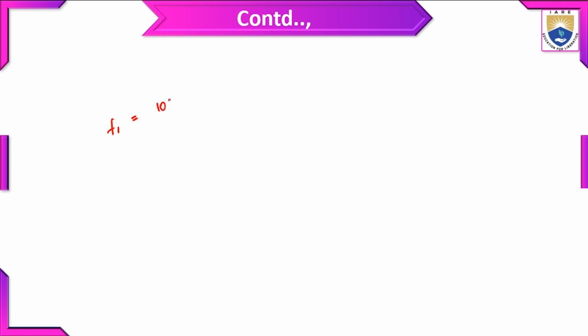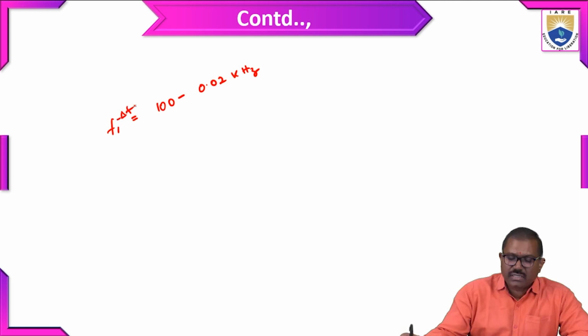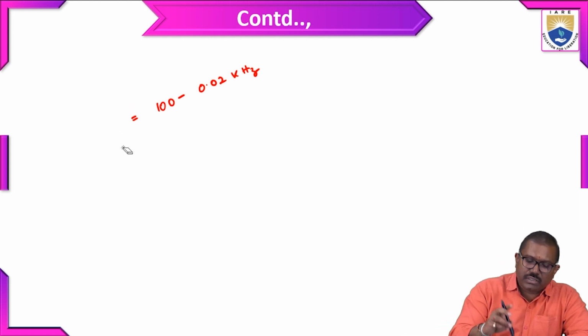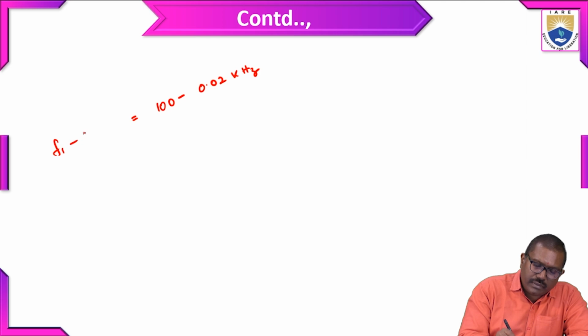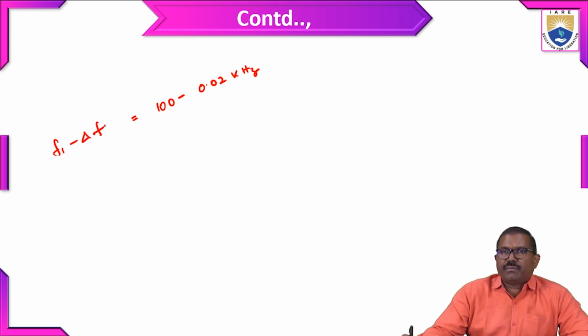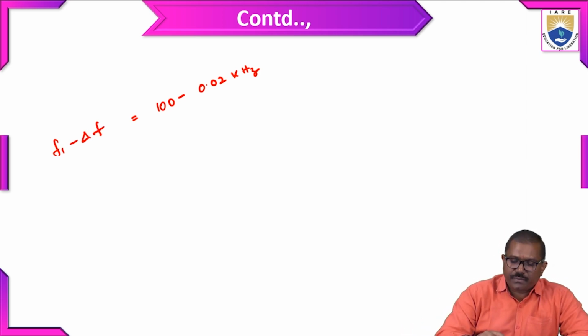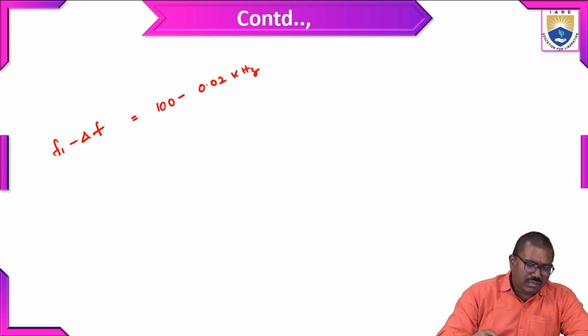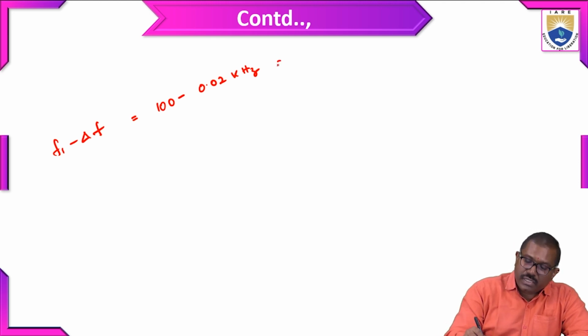F1 minus delta F, writing clearly: F1 is 100 Hz. Here delta F, the deviation, is 0.02 kilohertz, so it is nothing but 20 Hz. So here we get 80 Hz.